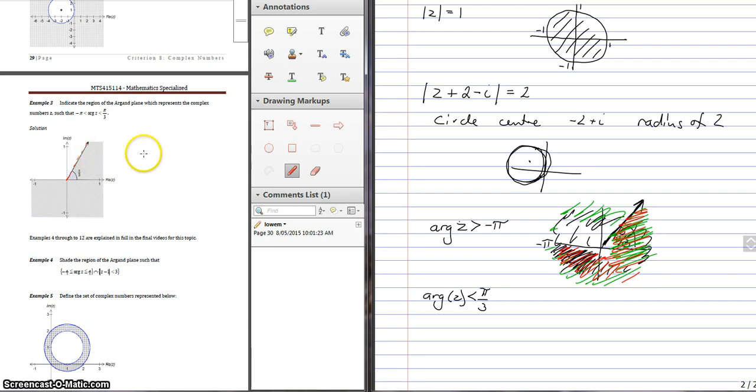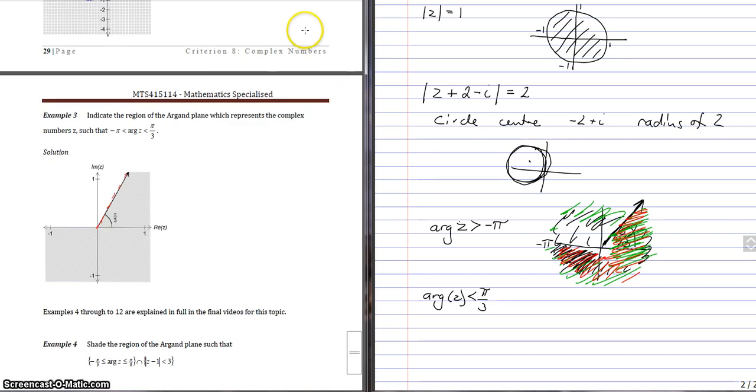Just correct that in your notes. You had it as solid, but it should actually be dashed because we notice that it's less than pi on 3 and not less than or equal to, so that line should not be included in the solution. So that's what it should look like.